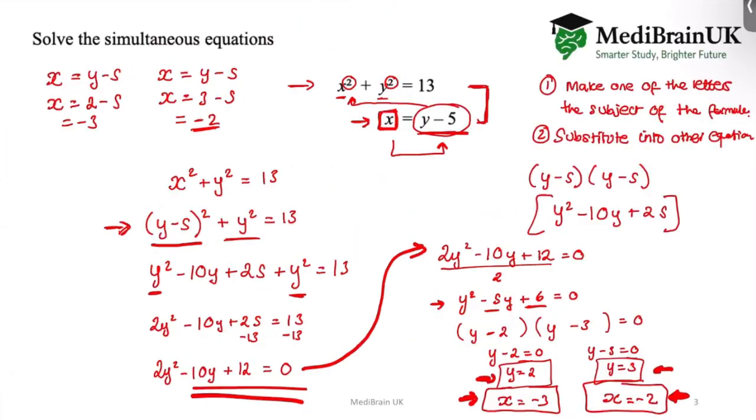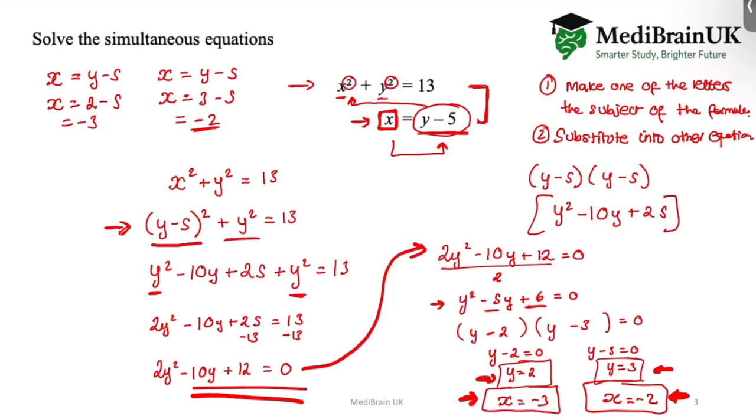Okay, so there were a lot of steps in this question, but what you need to remember is that you will be given two equations, a quadratic equation and then a normal equation. You need to make one of the letters the subject. It doesn't matter if it's x or y, just choose the easier one. You're going to make one of them the subject of the formula, and then you're going to substitute what you've made the subject of the formula into the other equation.